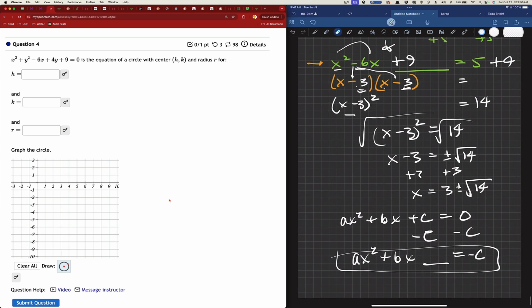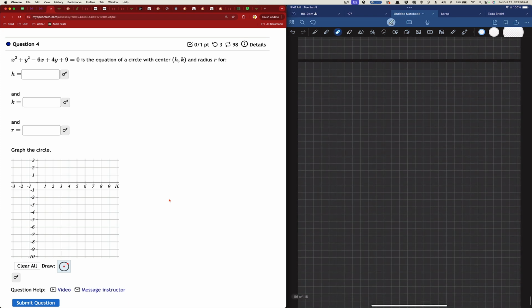So now, let's do the same thing for a circle. The effort is I have to do it twice. So typically your problem is given to you like this: x squared plus y squared minus 6x plus 4y plus 9 equals 0. First thing, subtract 9 from both sides.